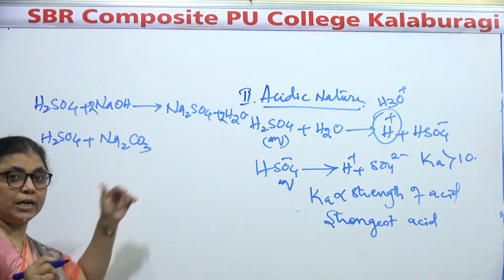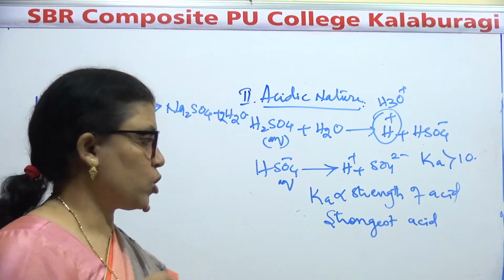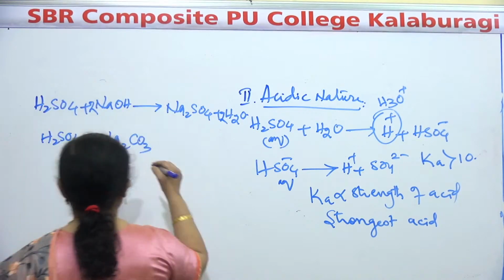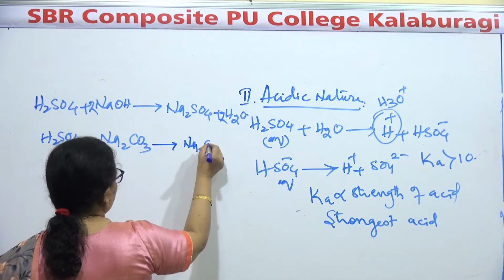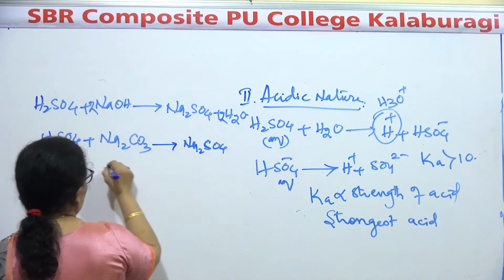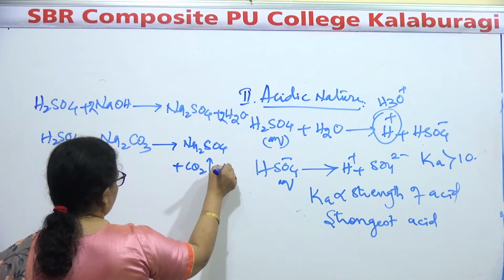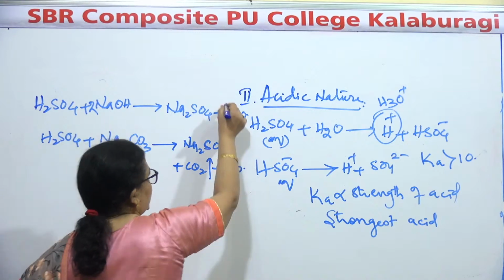Sodium carbonate is basic in nature. That's why sodium carbonate solution is called an alkaline solution. It will produce sodium sulfate, Na2SO4, along with the liberation of carbon dioxide and water.